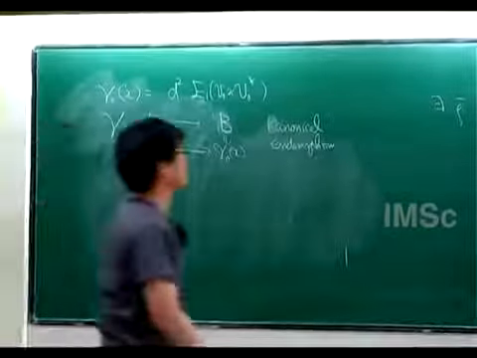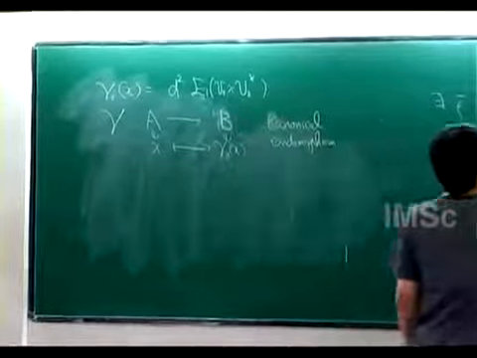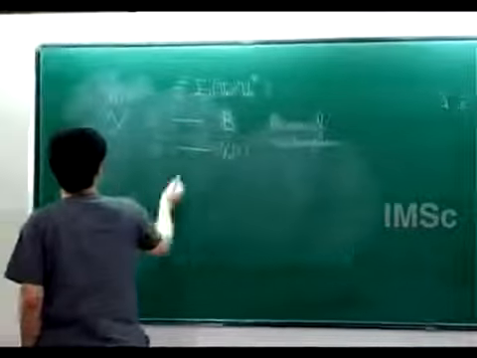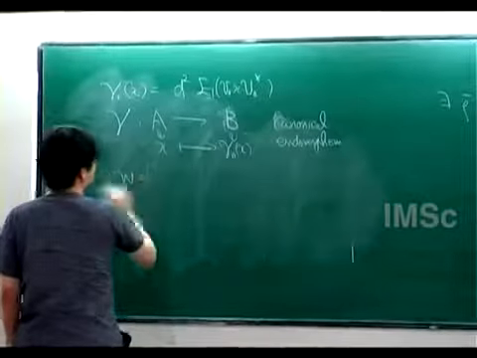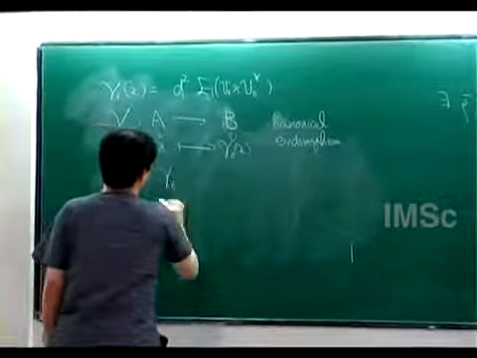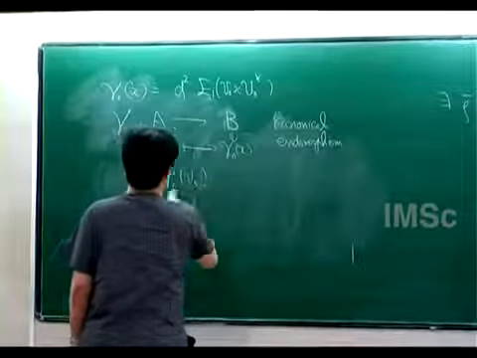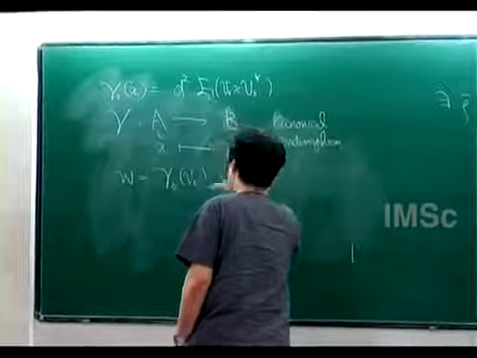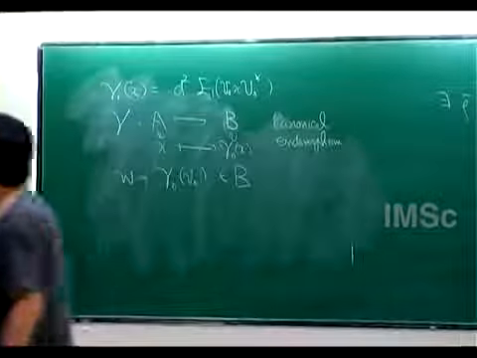Starting from this condition, I want to show the existence of the conjugate endomorphism, and I need one more thing. That's W, which is just the image of V0 by gamma 0. So it is an isometry in V. I think this is enough.